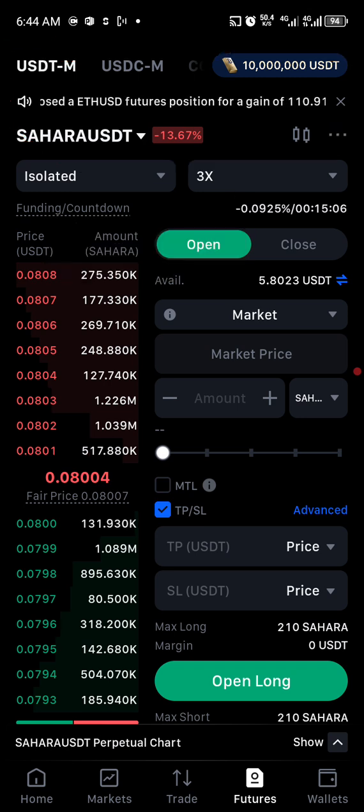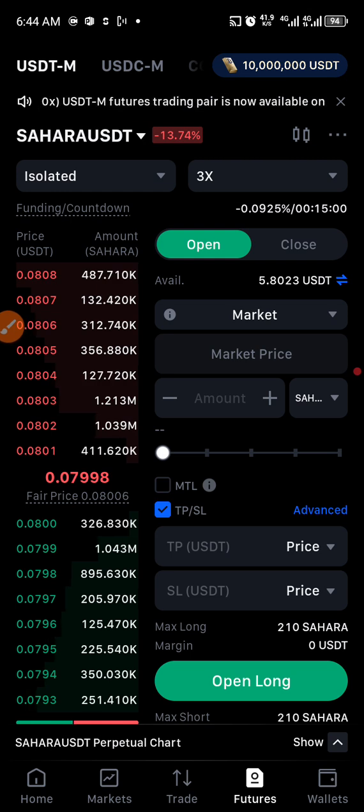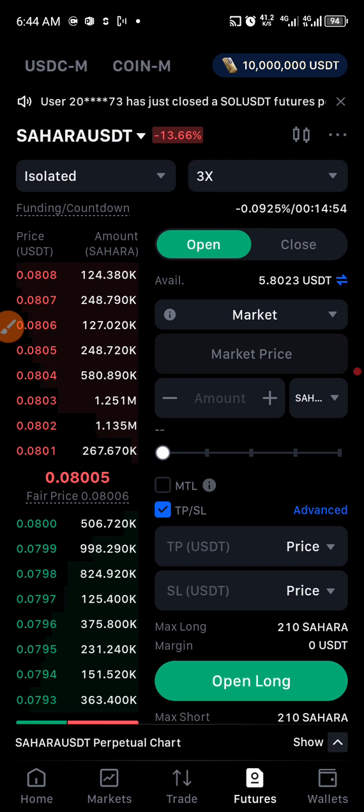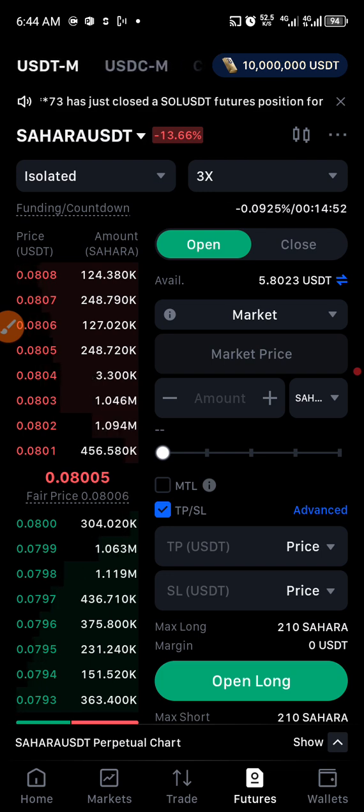At the top here, you will see this first one says USDT, then this one is USDC. Then we have other ones, coin metrics, Coin-M.